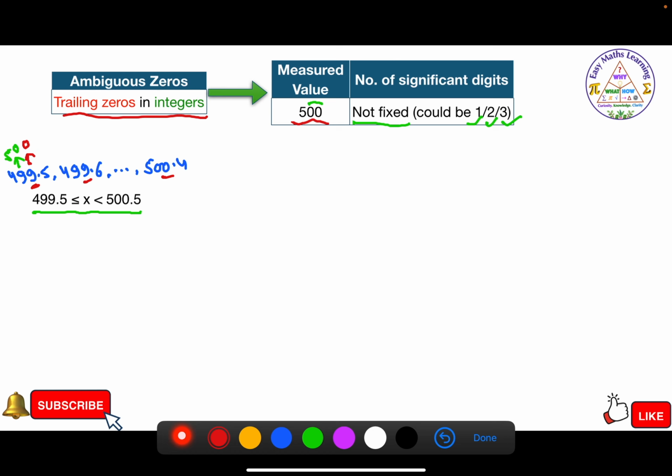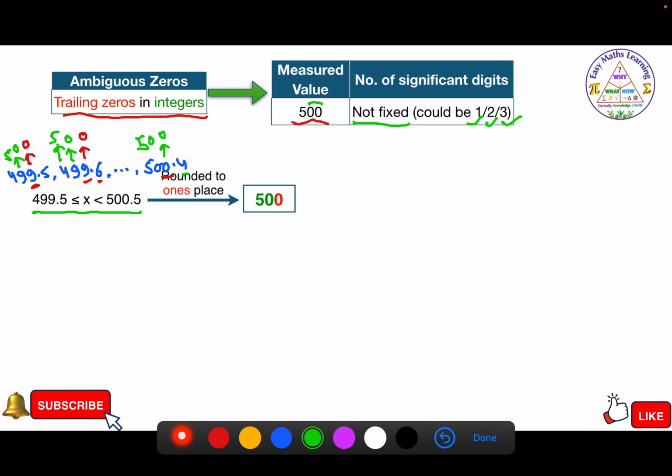Same here. This digit is the uncertain digit. It becomes 0 after rounding because here we have 6. This digit becomes 0 and it is also 5. And same here, it is 4, so it remains the same. 0, it is 0, it is 5.